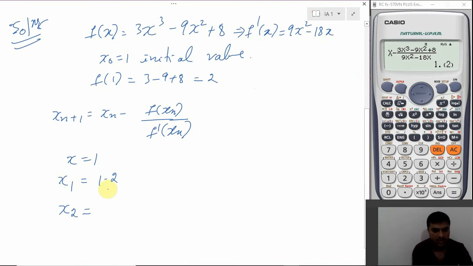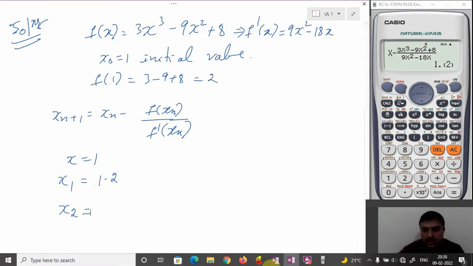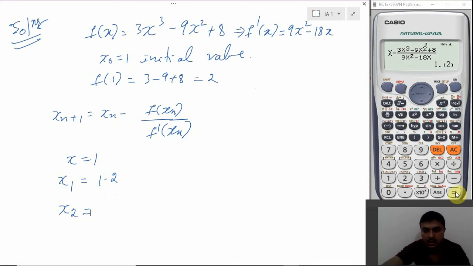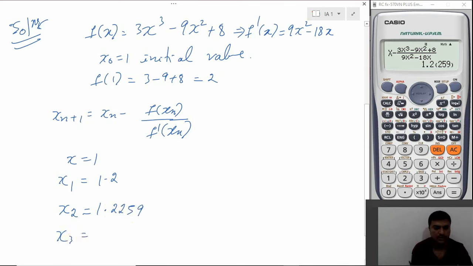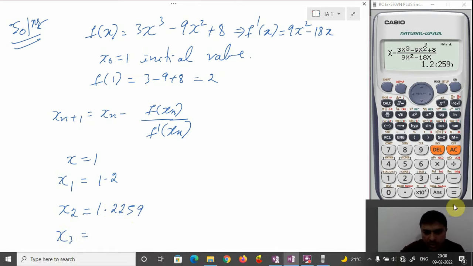When you take x2, what is x now? The next value is 1.2. So just press equal to. It always asks, what is the value of x? 1.2, equal to. Yes friends, you can easily see it's 1.2259. Just substitute 1.2259 for x3.